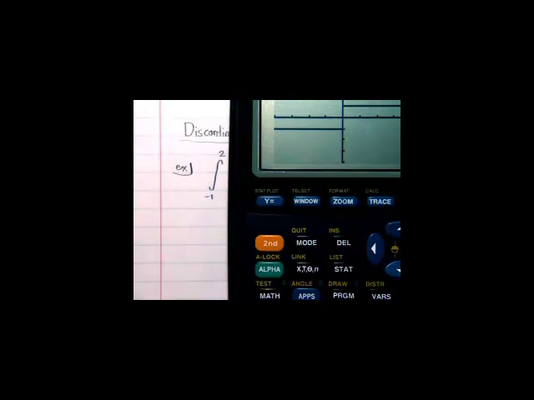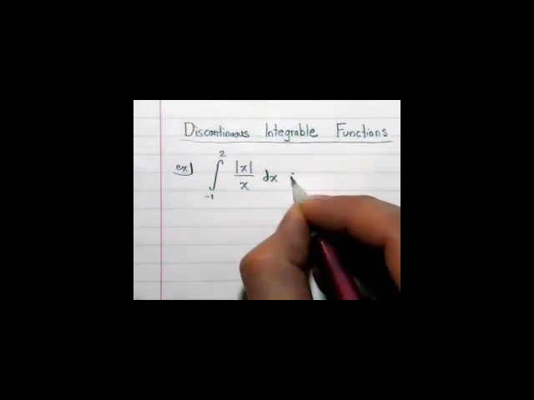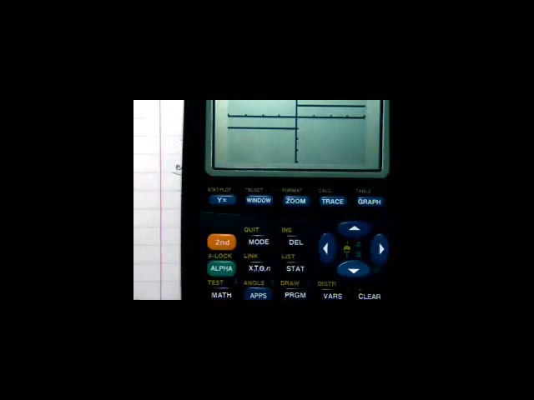So now, if you're given an integral and they don't tell you whether we're talking about signed area or total area, assume it's signed area. Okay? So we want the integral from -1 to 2 of this. Well, based on the graph, it's at -1 and then it jumps up to 1.